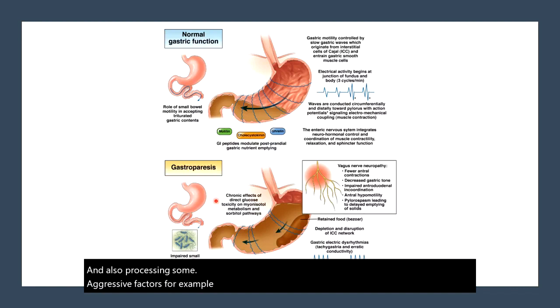So we have a motility that is done by the peristalsis of the circular or longitudinal fibers inside the muscularis of the whole gastrointestinal system, and by the action of the vagus nerve.